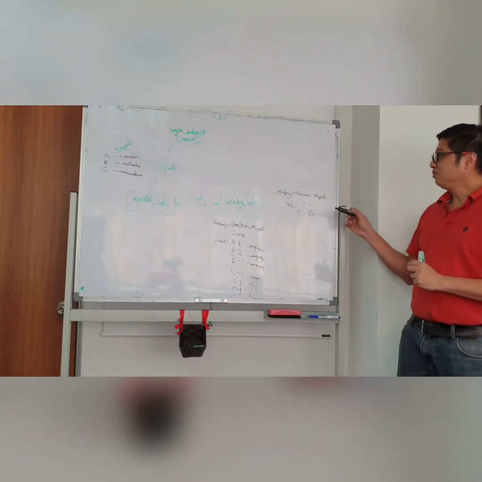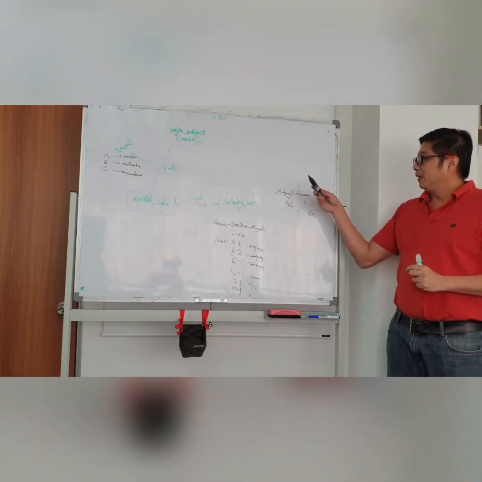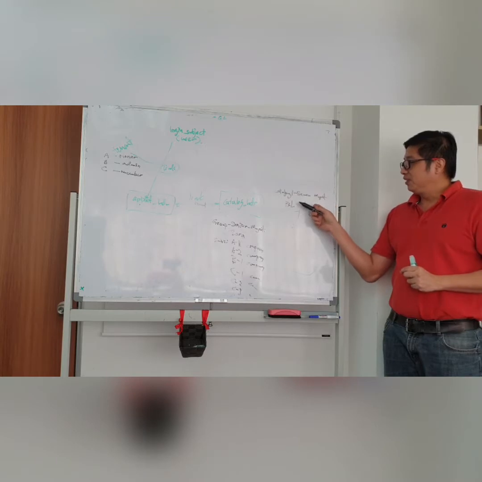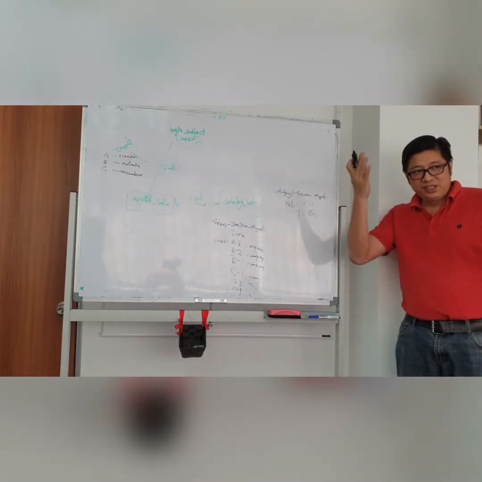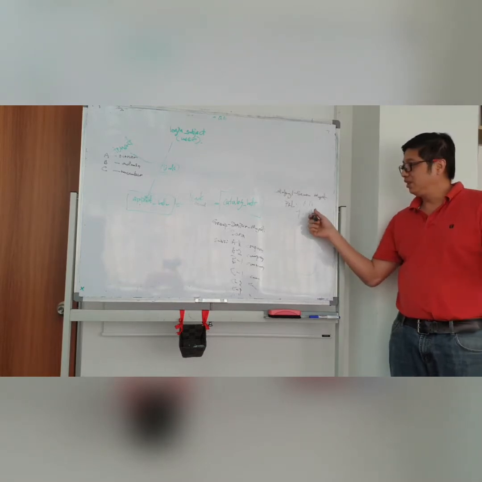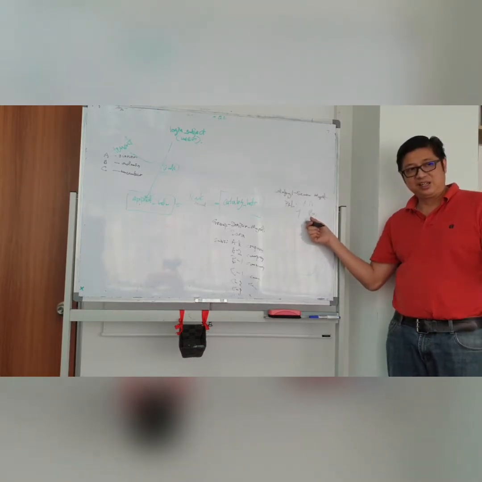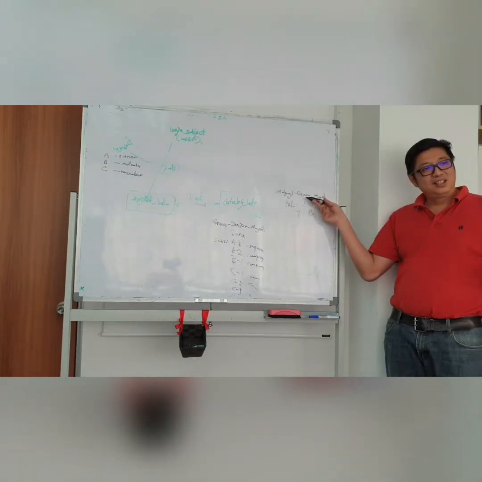So if you think about it from the permission point of view, this is like the target. The catalog is like the permission definition.